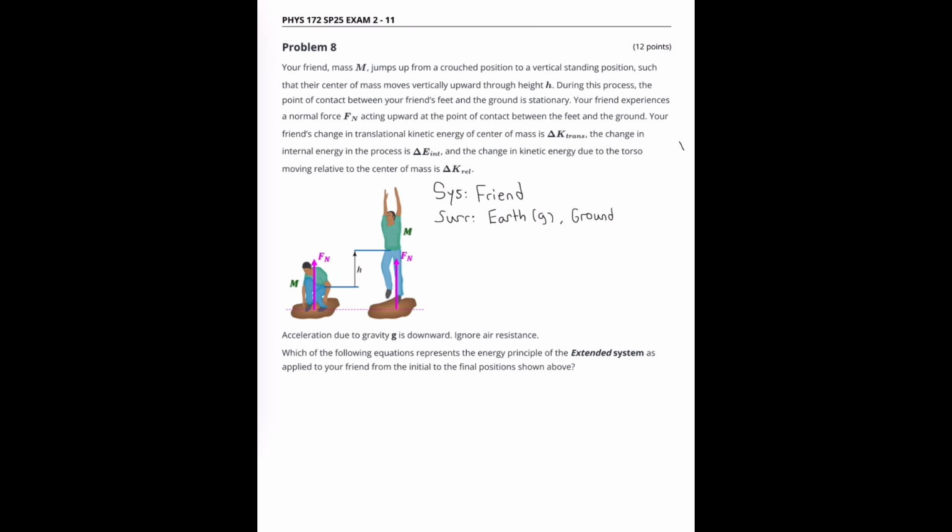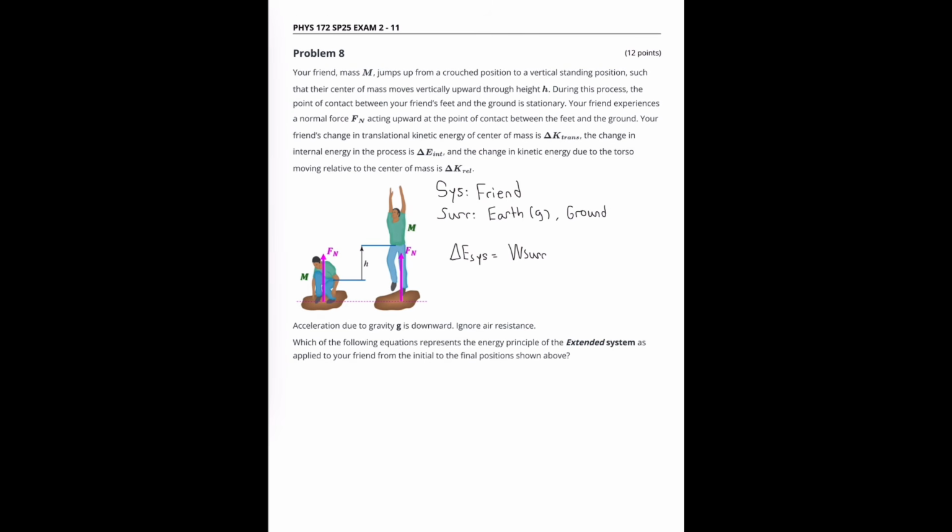So from that, we can say, from the energy principle, the change of energy of the system is equal to the work done by the surroundings. So our system, our friend, has a changing translational kinetic energy of the center of mass. They have a change in internal energy, and they have kinetic energy due to the torso moving relative to the center of mass. So that will be on the left side of our equation.